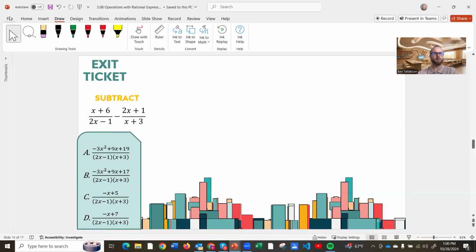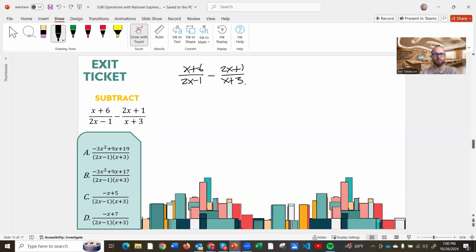Okay, let's work it out now. So we need a common denominator once again, right? So we write out what we have, and we know we're going to need to multiply. Well, this is an entire factor that's factored as much as possible, and so is this.